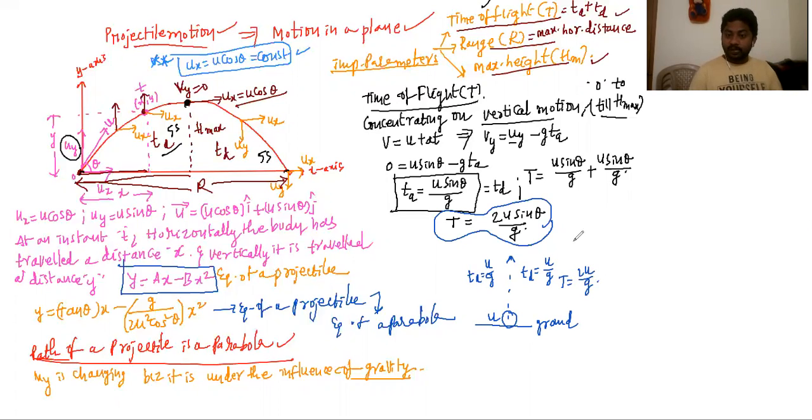Vertically thrown up means, what is the angle made by the initial velocity with the ground? It is 90 degrees. Let us substitute 90 degrees here: 2u into sine 90, which is 1, by g. Understand? Clear? This is the same expression. So when the theta value changes, the time of flight also changes.